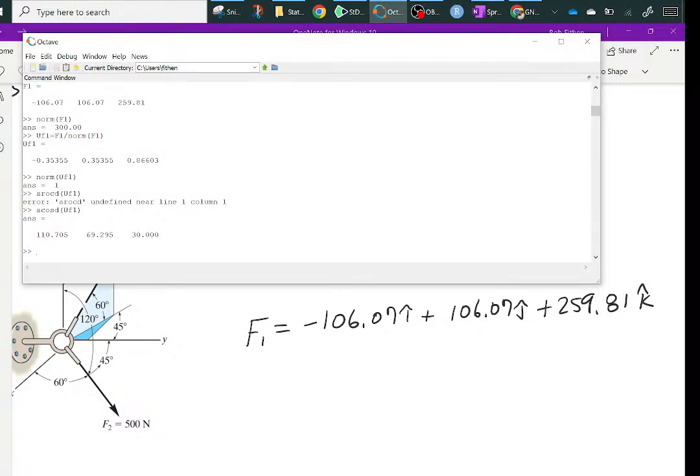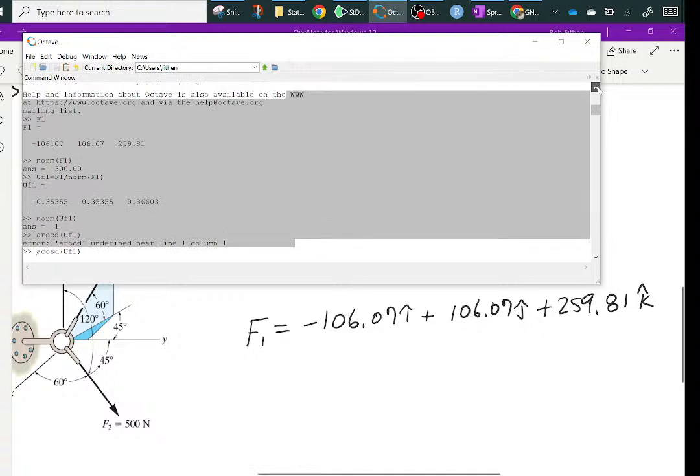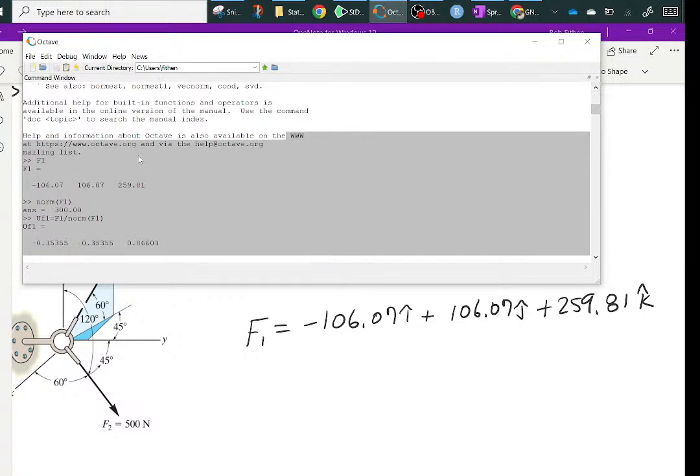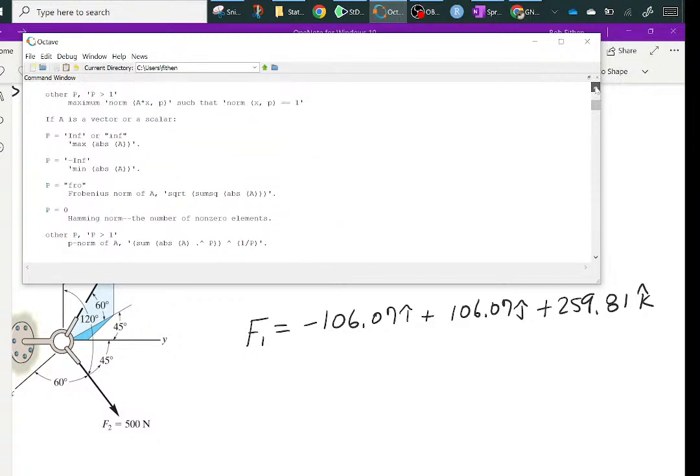Now, where I'm getting it from is right here. And the reason I'm able to do that is because, if you look back, well, that was before I did the help on the norm.